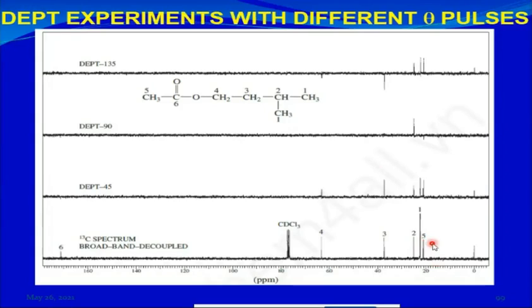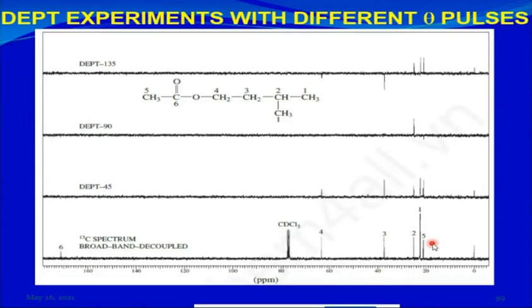Now, intensity does matter, but it does not matter a lot in carbon-13 spectra, just like proton NMR spectrum. In proton NMR spectrum, you can actually calculate, you can measure the relative intensities of the peaks, and that is what we call integration.